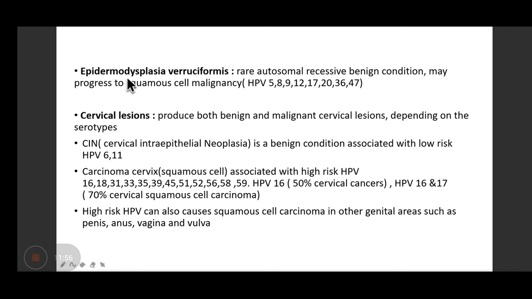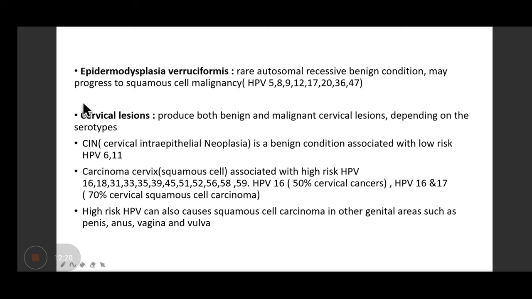Then it also causes epidermodysplasia verruciformis, which is a rare autosomal recessive benign condition, and this benign condition may later progress to squamous cell carcinoma. It is common with HPV 5, 8, 9, 12, and so on.